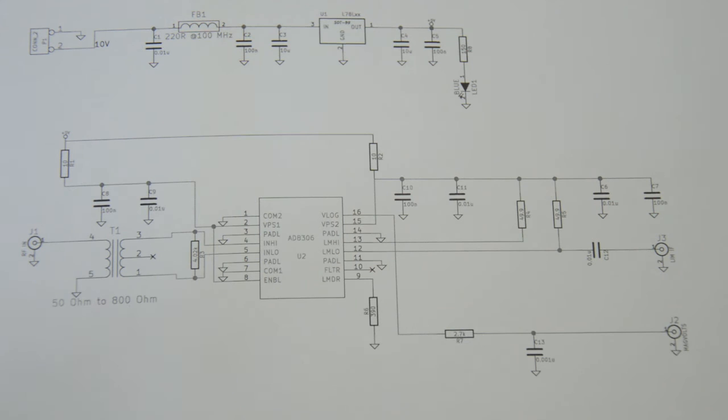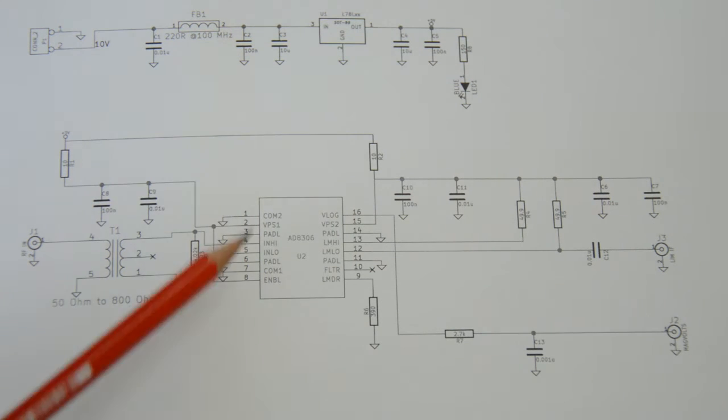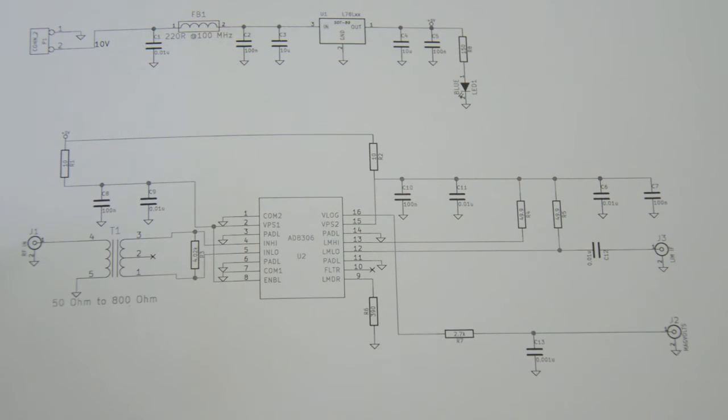Now, on the left side, there is an input SMA connector that is routed to this transformer here, which then goes to the log limiting chip. And discussing this transformer is a little bit tricky because essentially this relates to impedance matching.